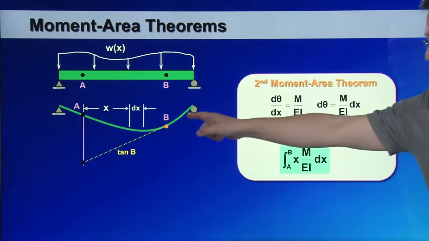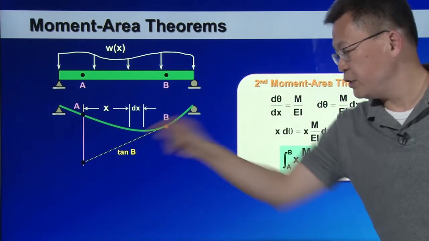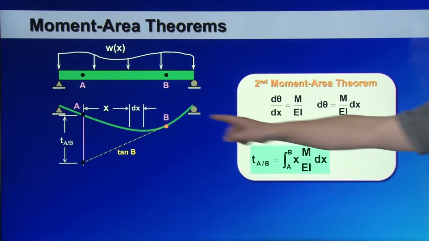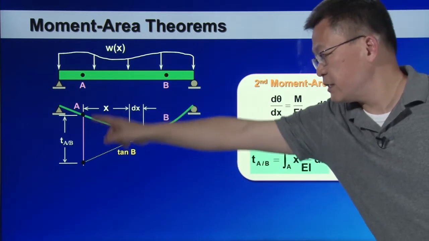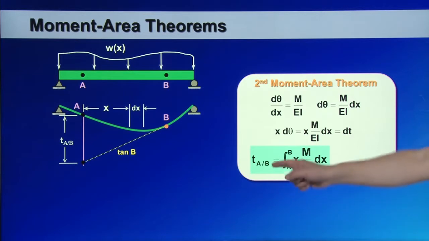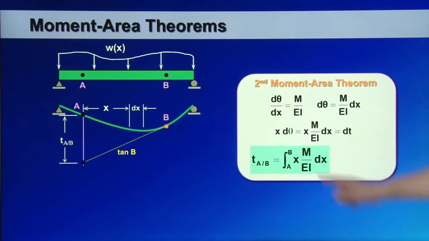So at the end, it stops at point B, and the projection is the tangential line of B. So this is exactly this projected distance we call tA/B. So as a result, it tells you that this tA/B should be equal to this integration from A to B of x times M over EI dx.